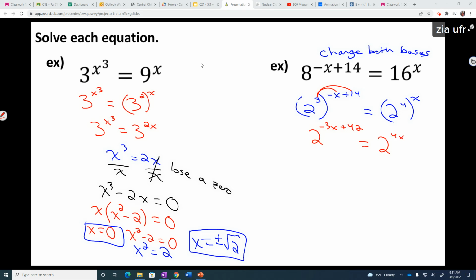So now we're good because we got the same base and we can set the exponents to each other. So take the exponents, negative 3x plus 42 equals 4x. And we just solve it. So we'll add our 3 x's over there. 42 is 7x. And then divide by 7. X is 6.